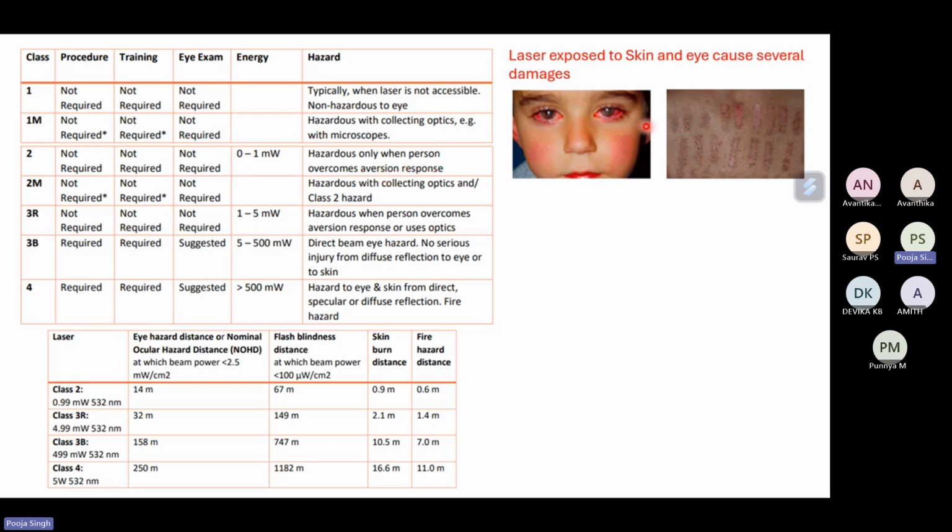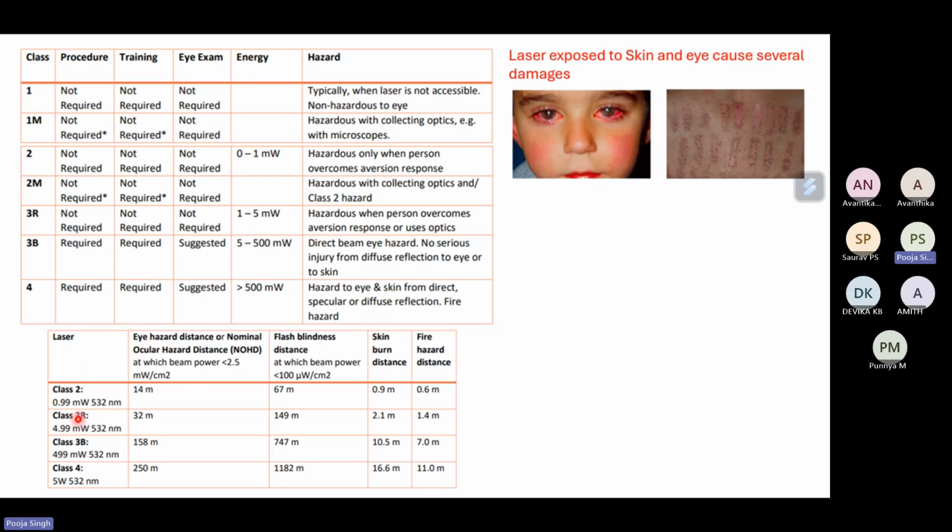So simply, if you are directly using the laser and somehow it comes into contact with your eye or skin, and you are using a very high power source, then it can damage your skin as well as your eye. So we have to always wear specs, so that the laser light will not reach your eyes directly.